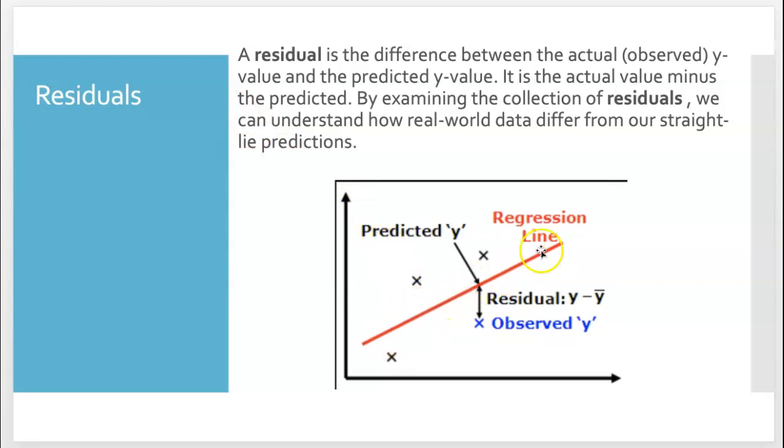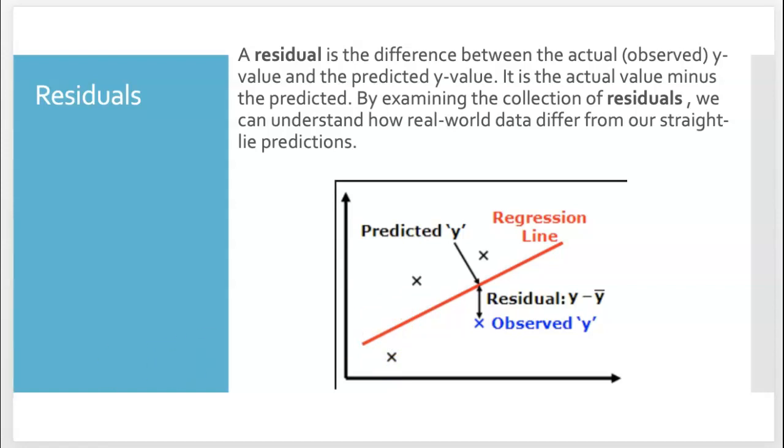So this is our straight line predictions, and this is the real world, right? So my residual is the height of this minus the height of this, the height of this minus the height of this, or the y values.